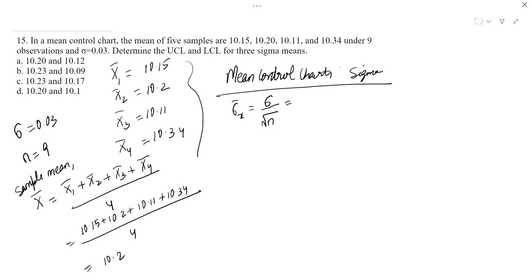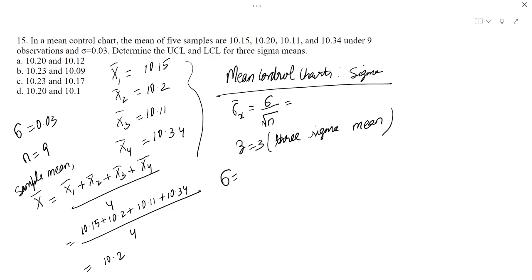So this is sigma by root over n. Now Z is equal to 3, since it is given as 3 sigma limits.